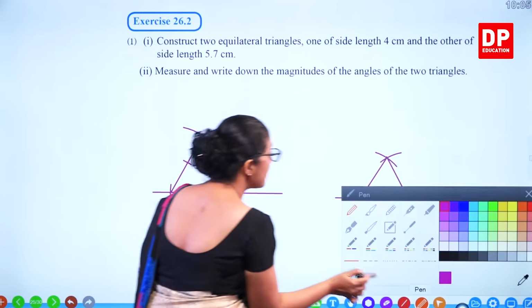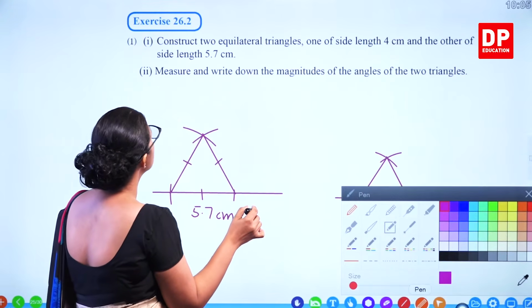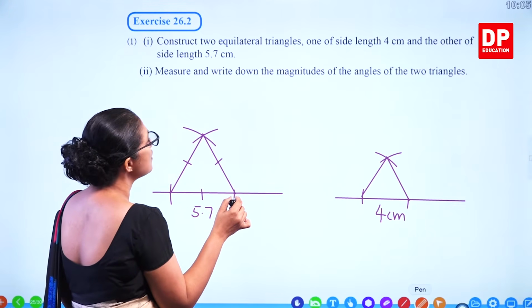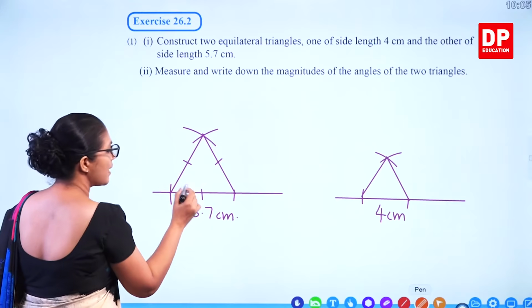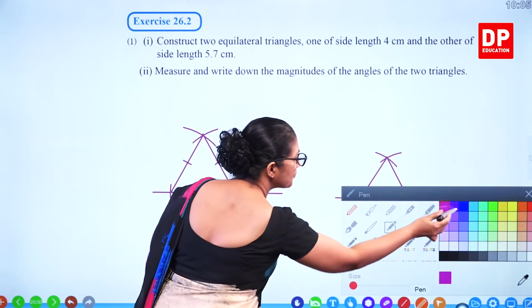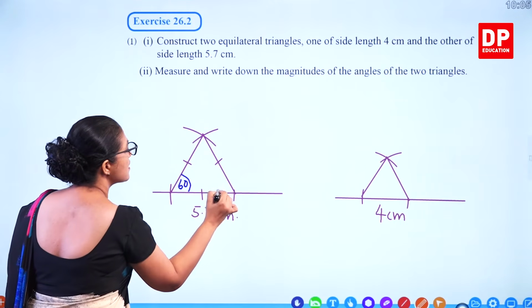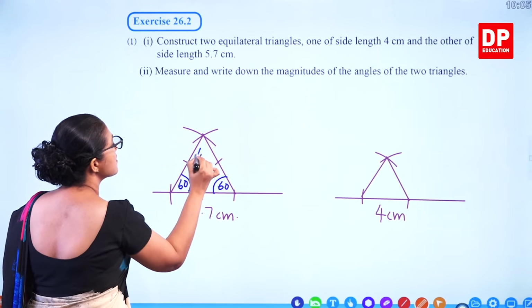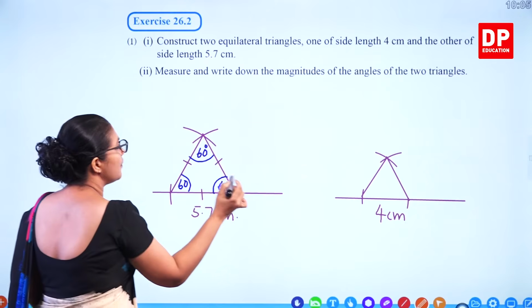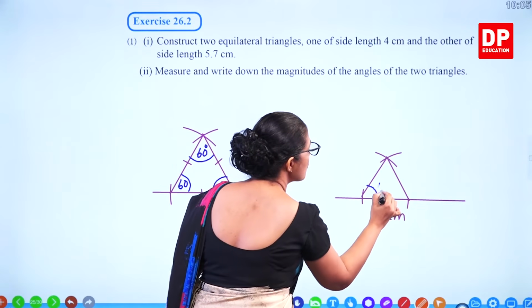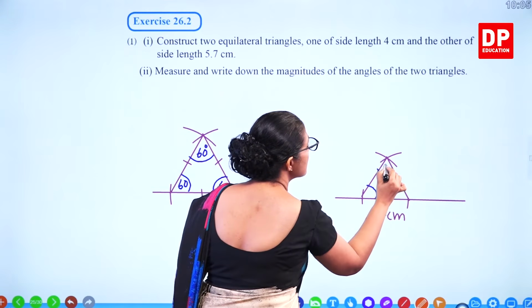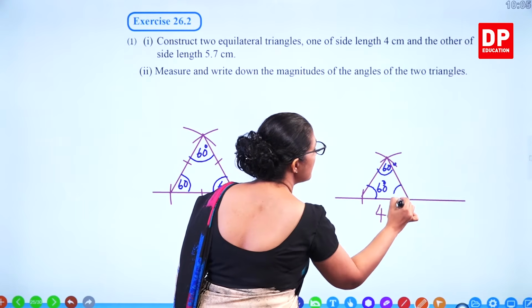So all angles are 60 degrees. So measure and write down the magnitudes of the angles. So I can write 60 here, 60, 60. And also in this triangle also 60, 60, and here 60.